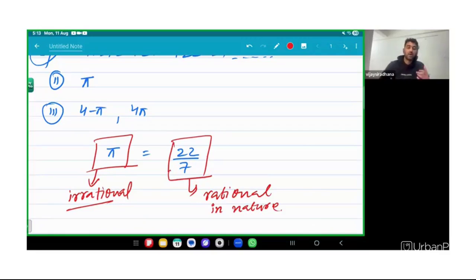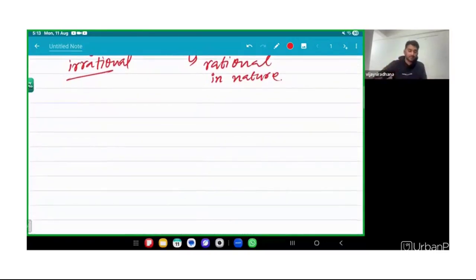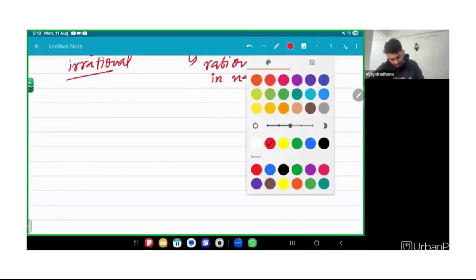So you need to keep these things in mind all the time: what do you mean by an irrational number. Now, before going further, I need to tell you some terms which are very important from your curriculum perspective also. Basically, you will be getting three terms. What are those terms?